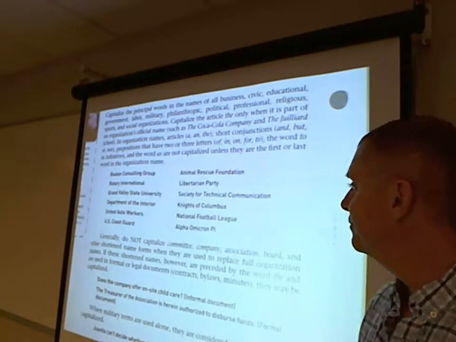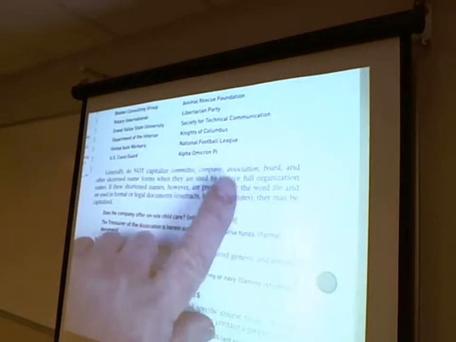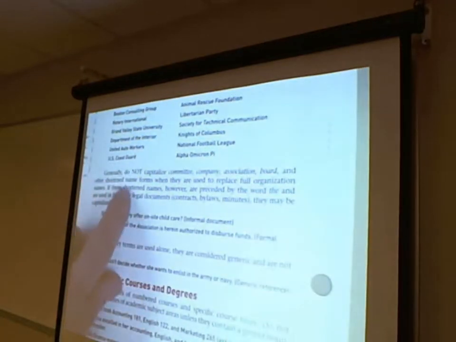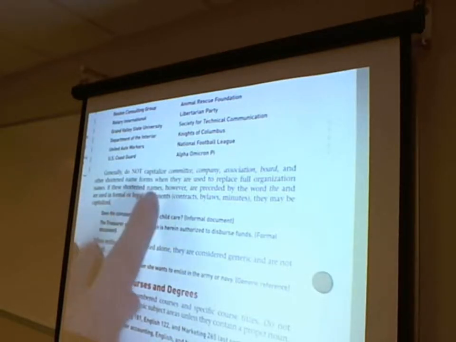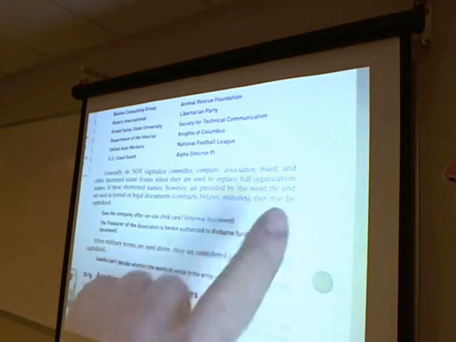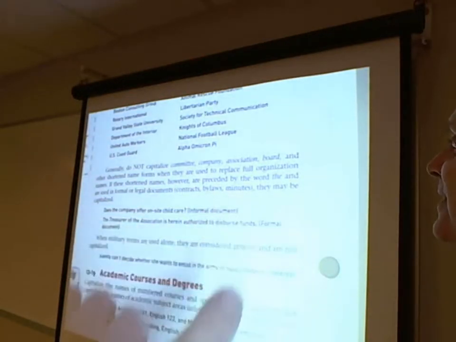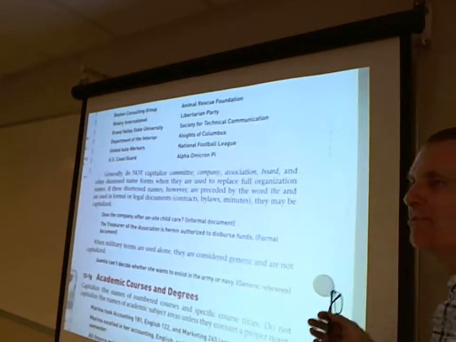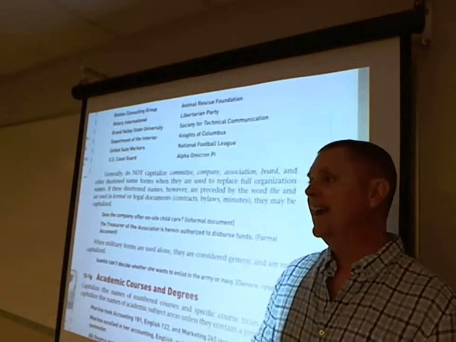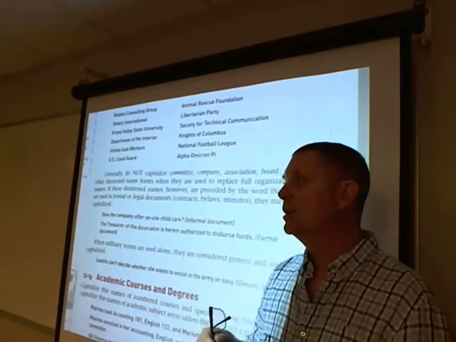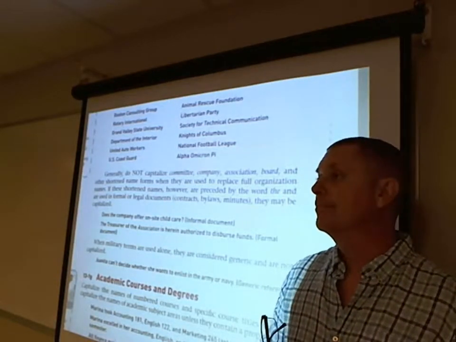Okay, generally do not capitalize committee, company, association, board, or other shortened name forms when they're used to replace full organizational names. If these short names, however, are preceded by the word the and are used in formal or legal documents, such as a contract or bylaw or minutes, they may be capitalized. So if I'm just randomly mentioning a committee, we need to form a committee, or we need to have some bylaws established to document all of our discussions, then it's not capitalized.